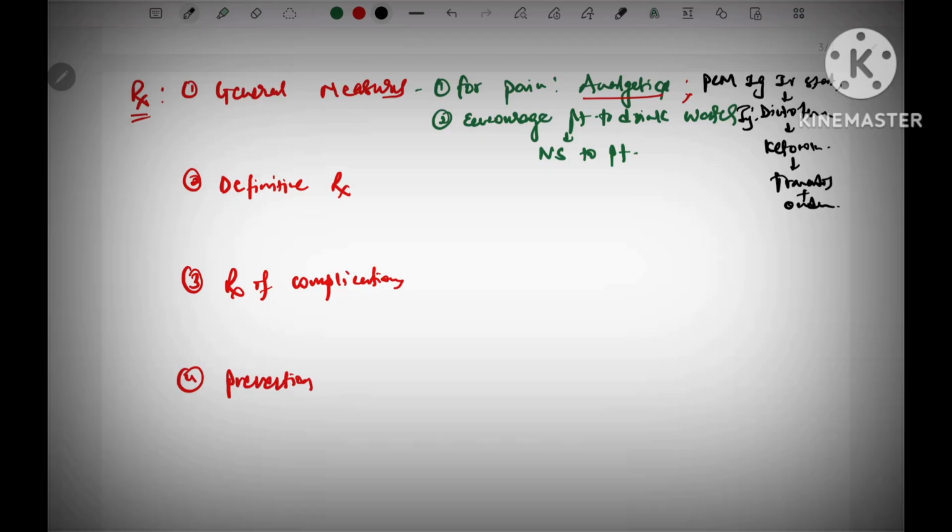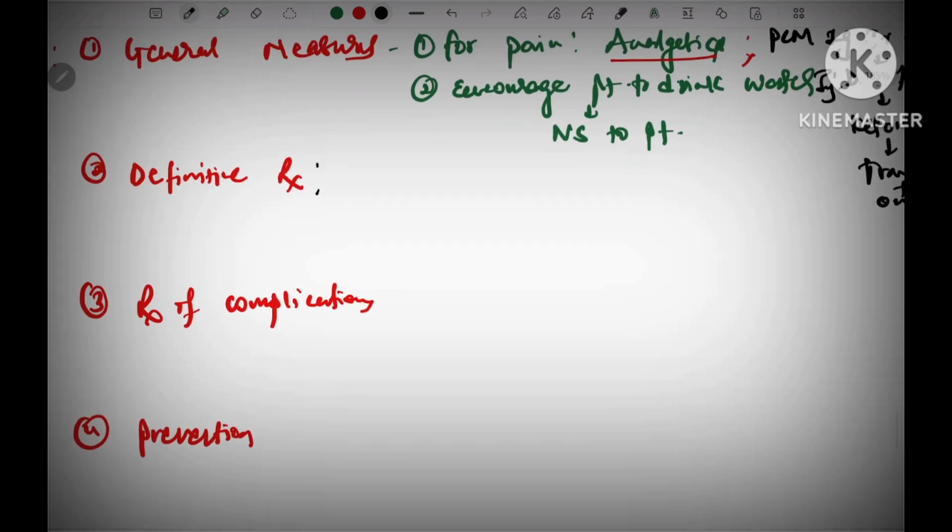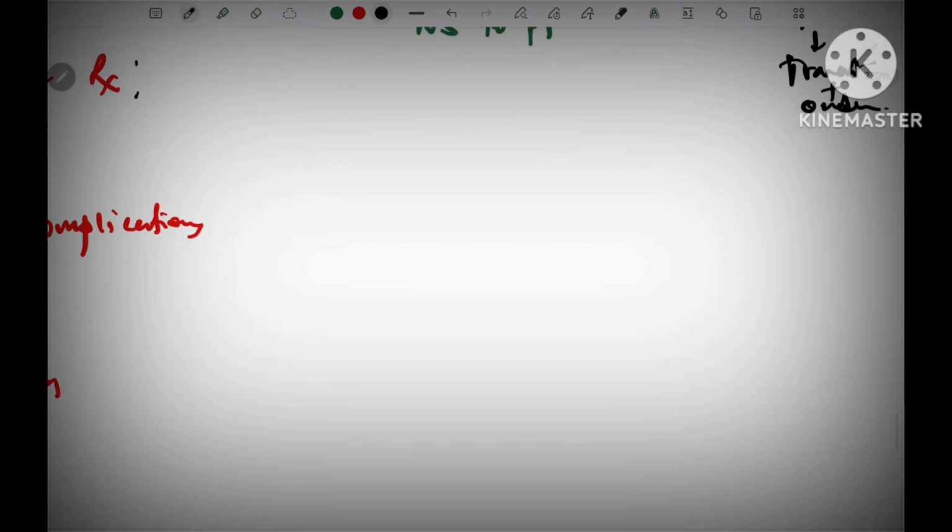Now the definitive treatment, the most important part. For the definitive treatment of the renal stone, we have done the NCCT.